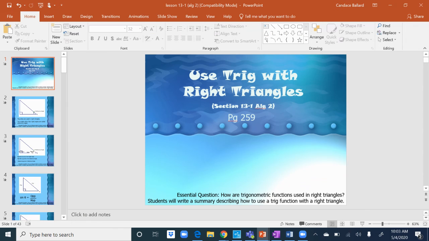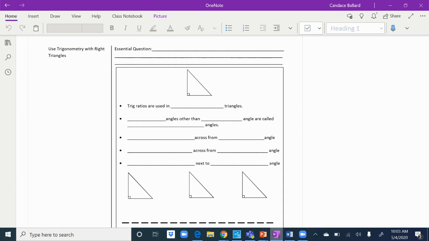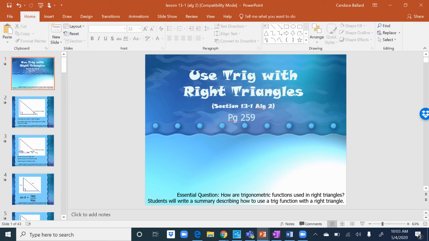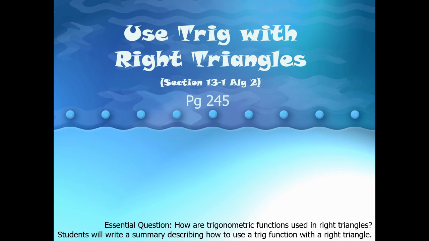It should look something like this. Use trigonometry with right triangles. Okay. I'll pop my PowerPoint back up so you can see. You said it was 45, Mrs. Rondeau? Okay, apparently I'm wrong. That's why there's two of us.